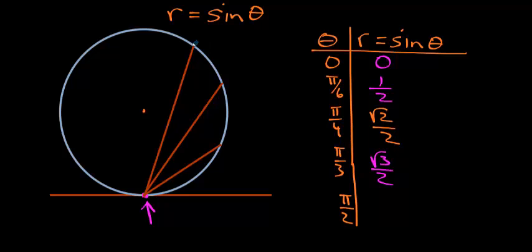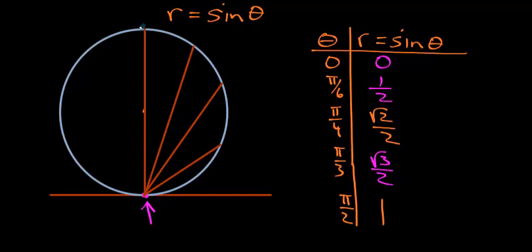Now, act like the circle's not there. I'm just trying to show you if this particular graph will form a circle, r equals sine theta. Now, if I put in a pi over 2, it's going to give me 1, and of course that's right up there.